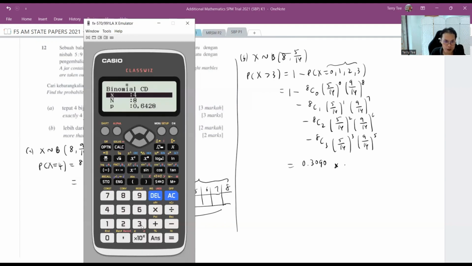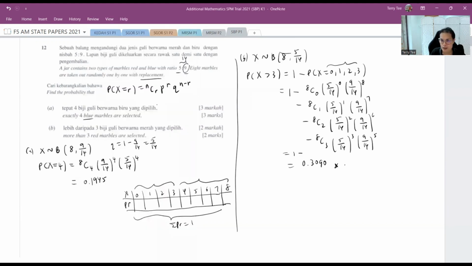So let's do 3. And your N is still 8, right? Your probability in this case is 5/14. So you press equals. Now notice that what you're getting here is 0.6910.